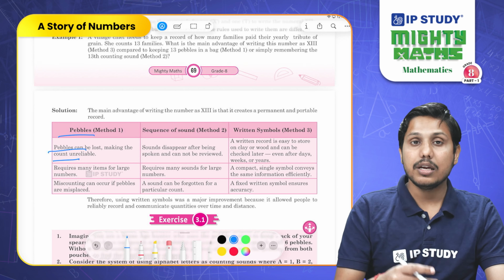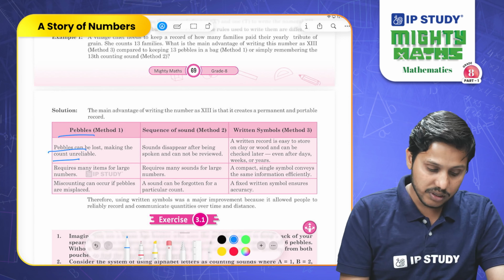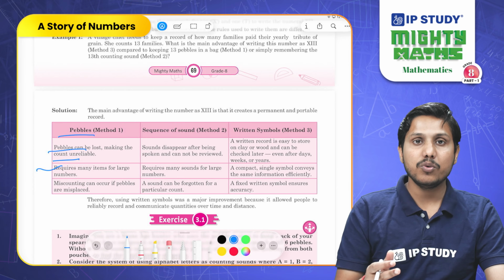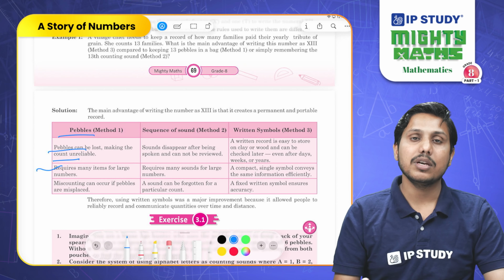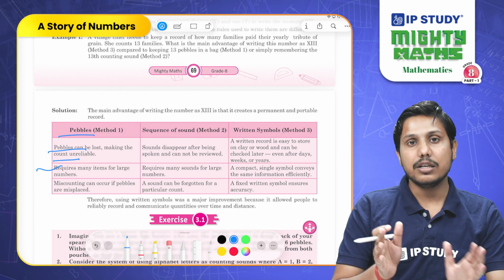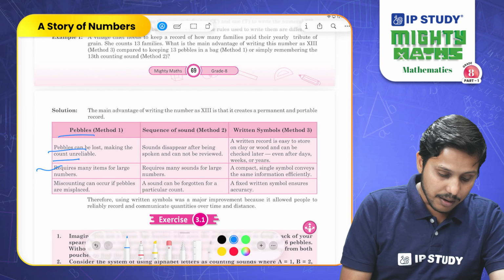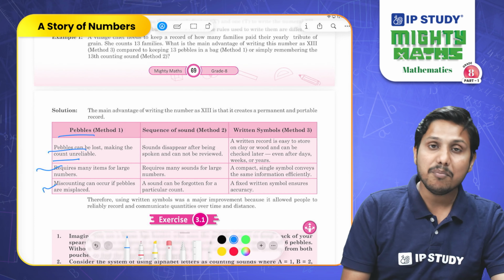It will be unreliable to count the things. It requires many items for large numbers. If I want to record 100 items, I will require 100 pebbles, which will be difficult to carry and handle. Miscounting can occur if pebbles are misplaced.